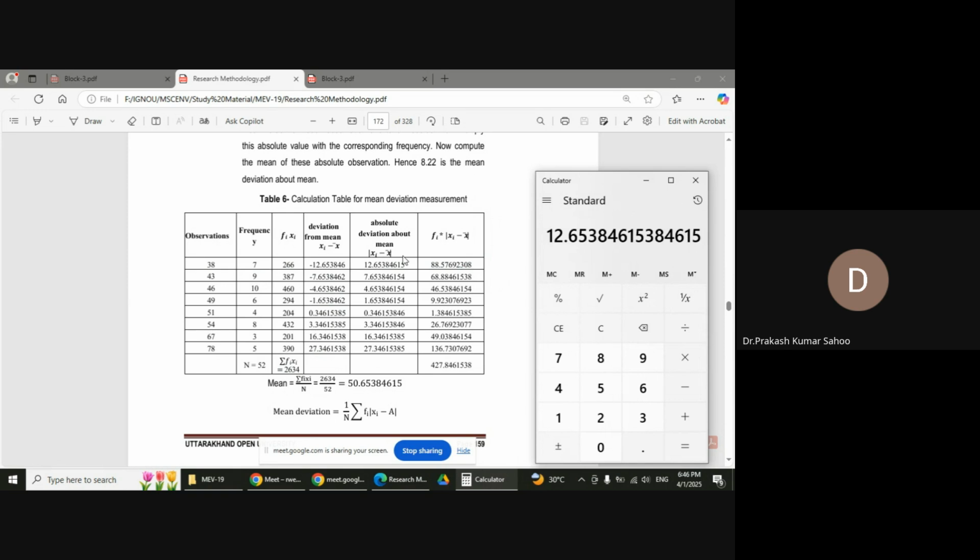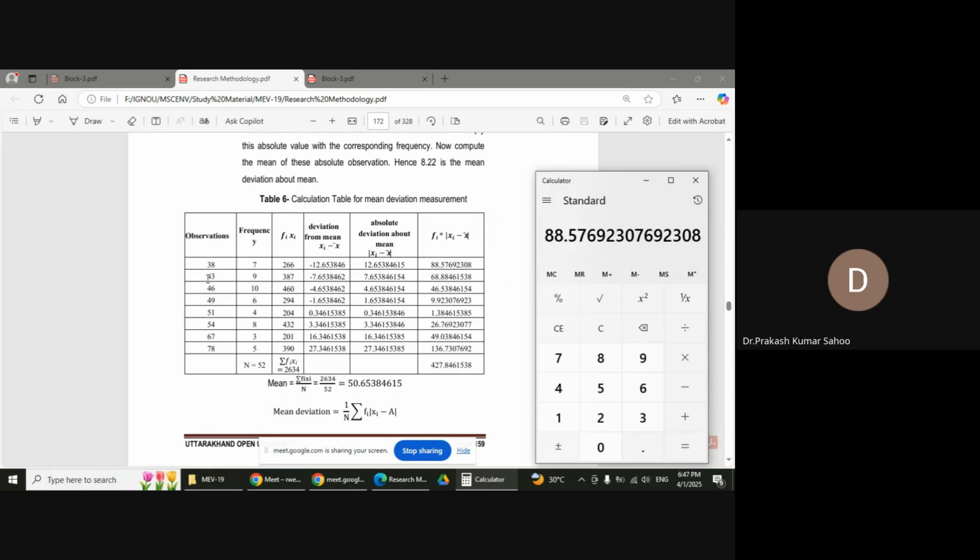Then the magnitude, it is the absolute deviation. The minus symbol becomes plus, and after that we have the multiplication of frequency with this absolute deviation. That is, this thing is multiplied by 7. It becomes 88.5769308.